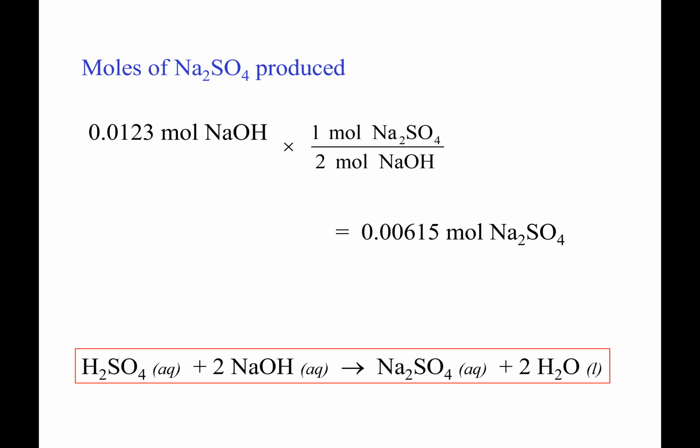Madison, what was our next step? It would be kind of the third step. Now we have moles of the Na2SO4, and we want molarity. What do we divide moles by to get molarity? Liters, the volume, exactly.